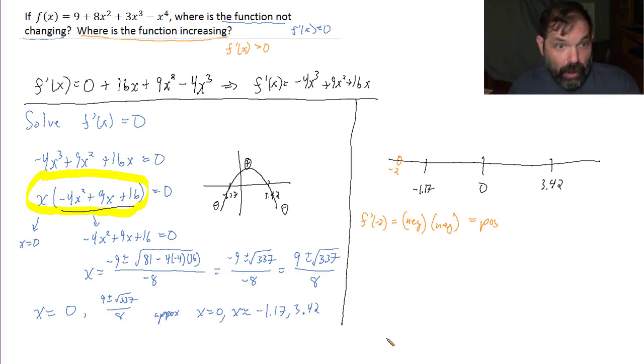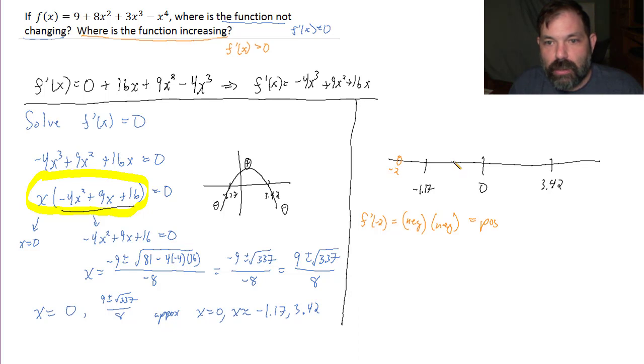Negative 4 times negative 2 to the third power plus 9 times negative 2 to the second power plus 16 times negative 2. That gives me positive 36. It's positive. That's all I care about here.